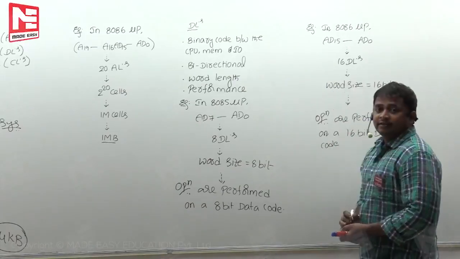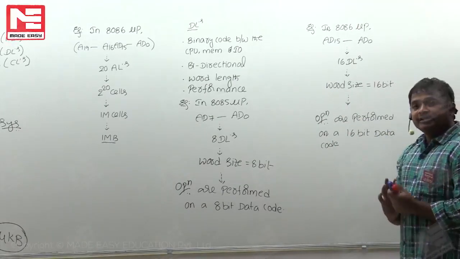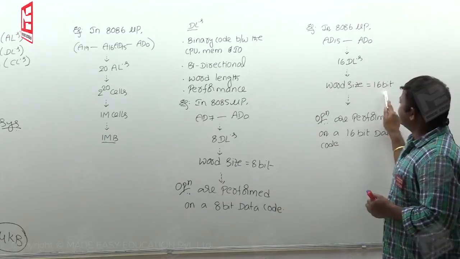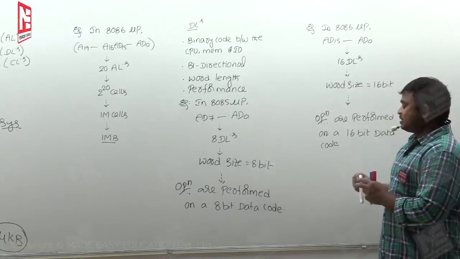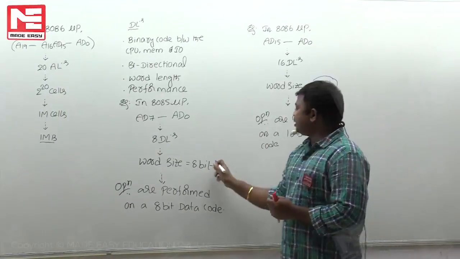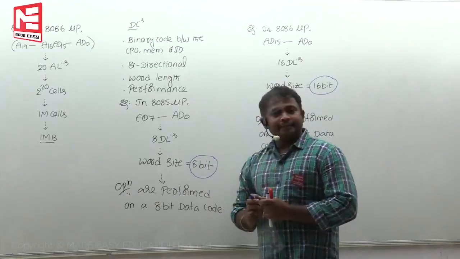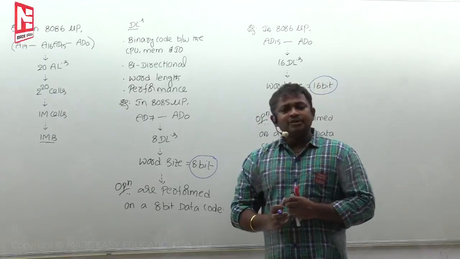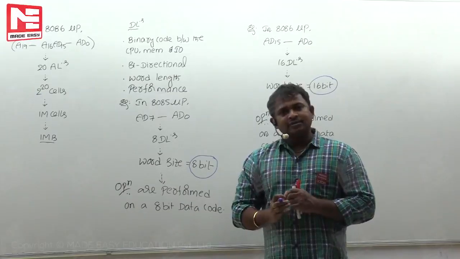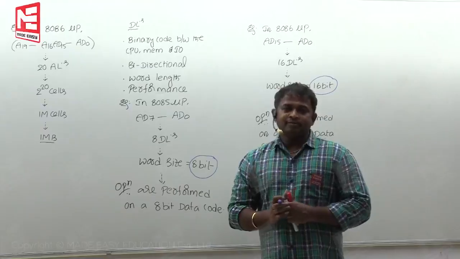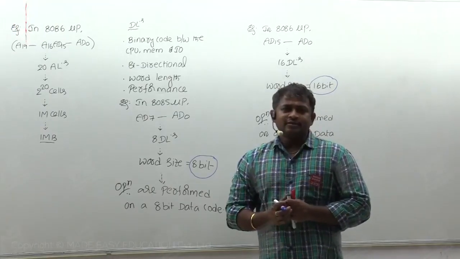See this, when the performance is compared, 16-bit performance is greater than 8-bit. Here 16 bits of data are processed at a time. Here 8 bits of data are processed at a time. When we compare these two systems, 16-bit system performance is higher than 8-bit performance. It is common sense, right?